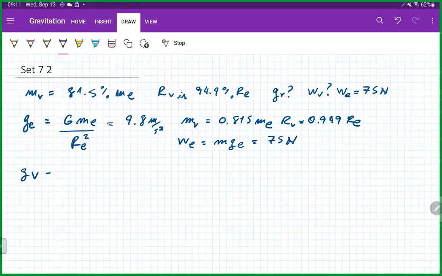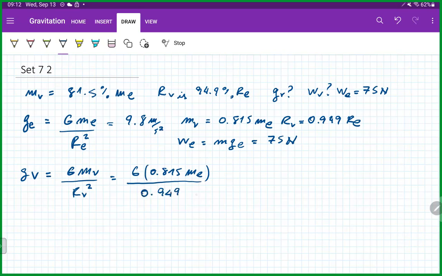So we can do the gravity of Venus, that's G, mass of Venus, over R Venus squared, and that's G times 0.815 mass of the Earth divided by 0.949 the radius of the Earth squared.